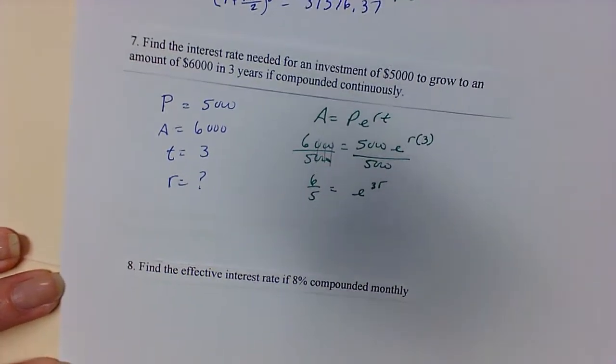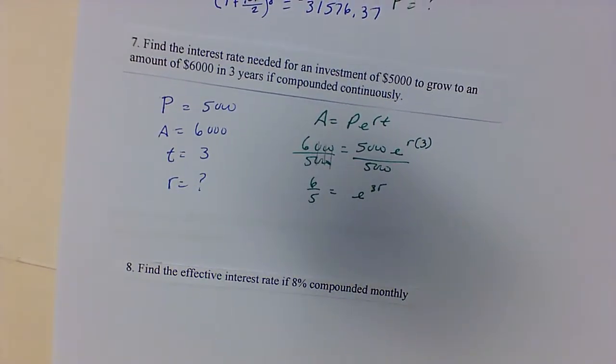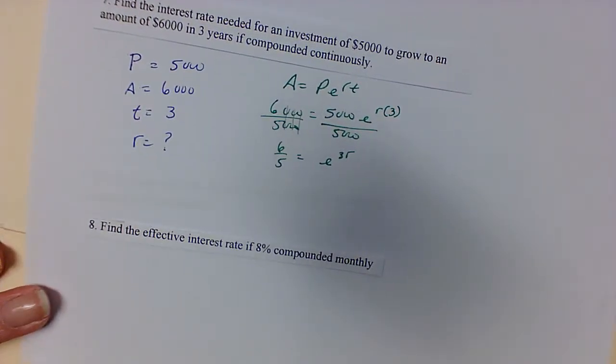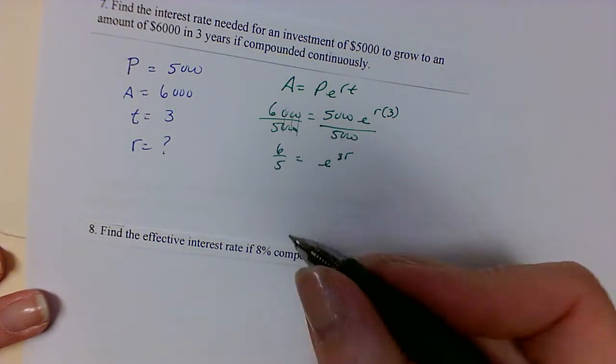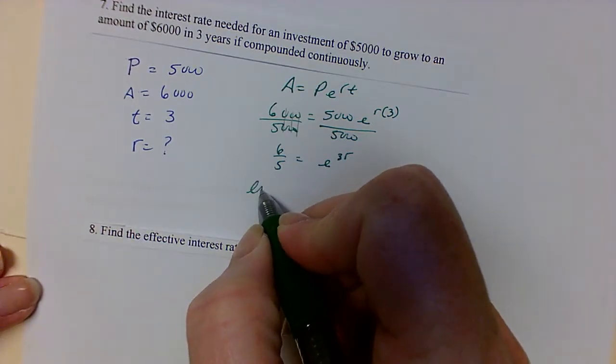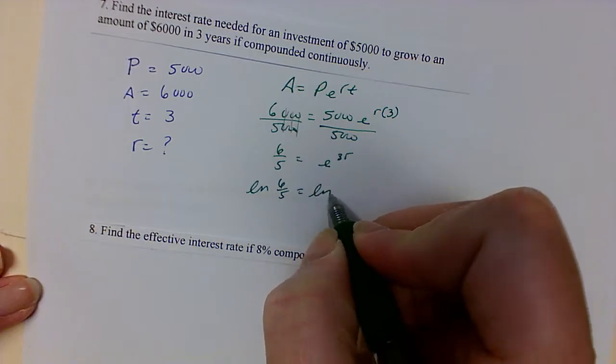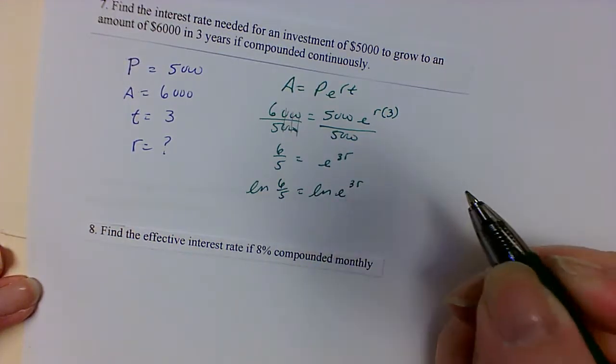Now that I have 6/5 equal to E to the 3R, we are looking to take the natural log of both sides because we need to clear out that E. So it's going to get us the natural log of 6/5 is equal to the natural log of E to the 3R.